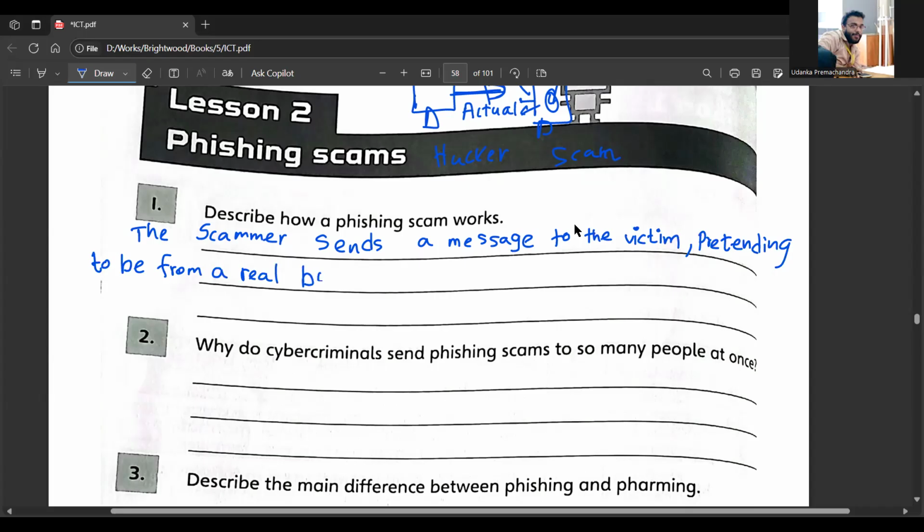They are sending it as if from a real business.